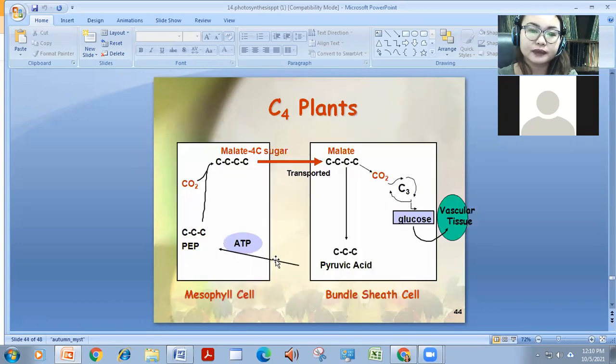In the C4 plants, it's inside the mesophyll cell where ATP is produced and the malate 4C sugar is produced. In the bundle sheath cell, the malate is transported in and produces glucose, also for the vascular tissue.